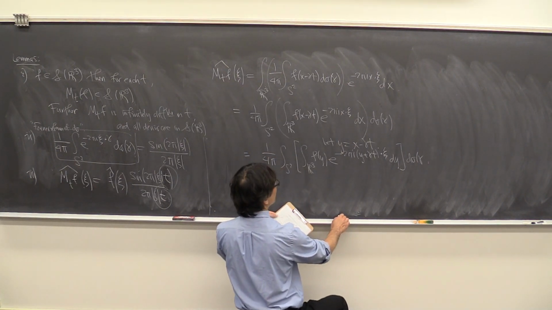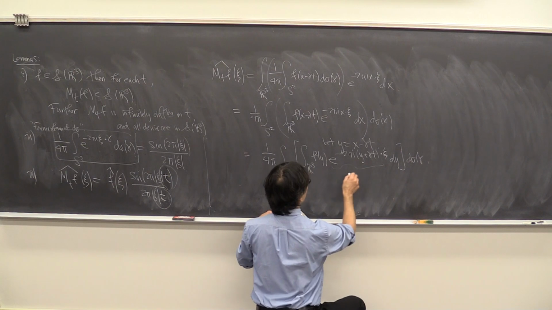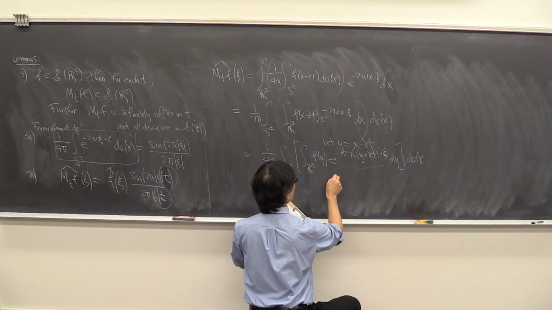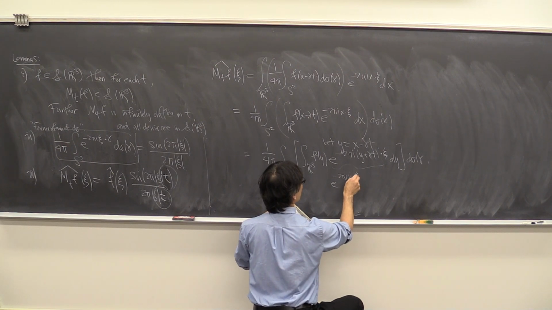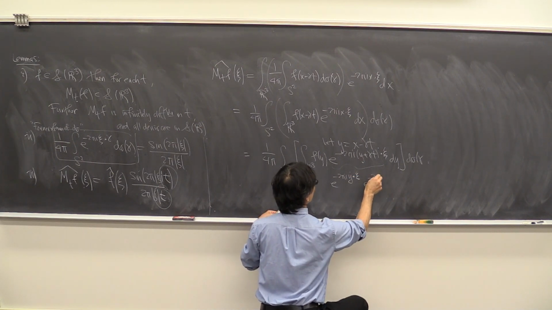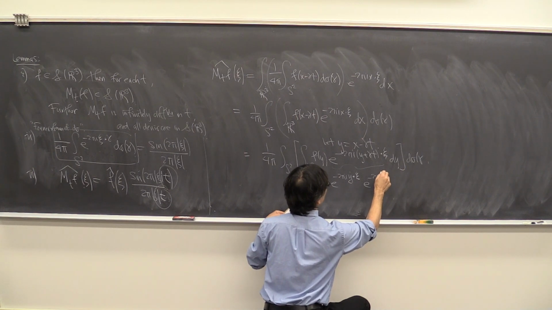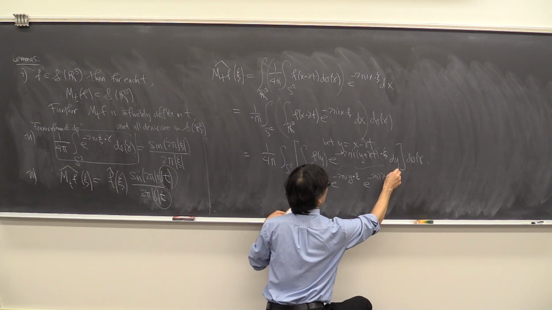Then we separate this into e to the negative 2 pi i y dot c and e to the negative 2 pi i gamma t dot c.